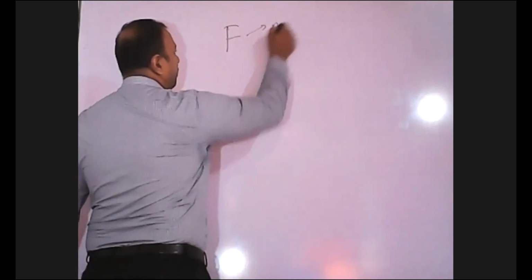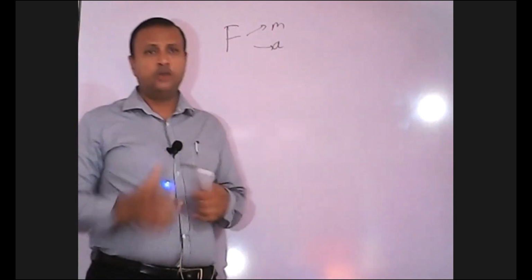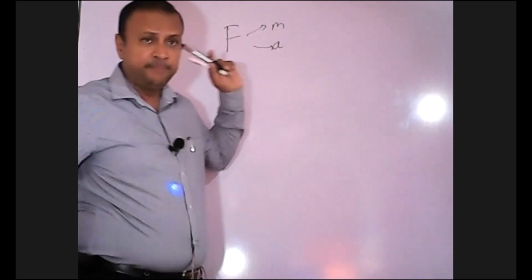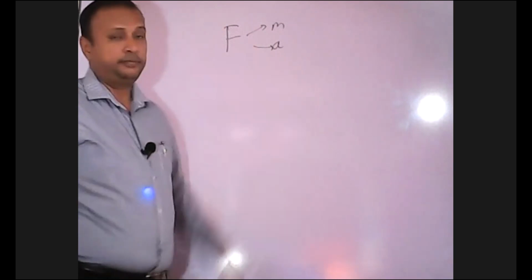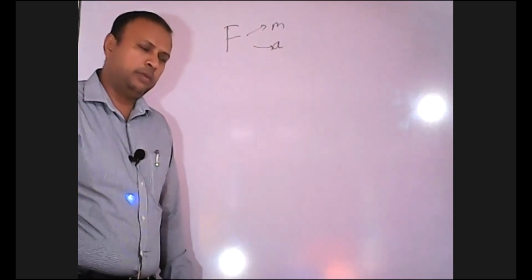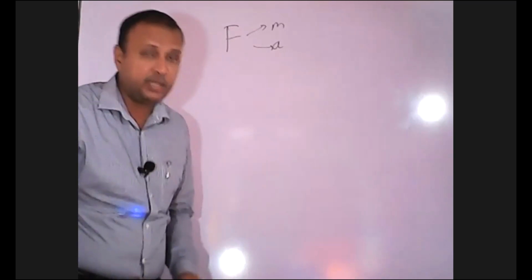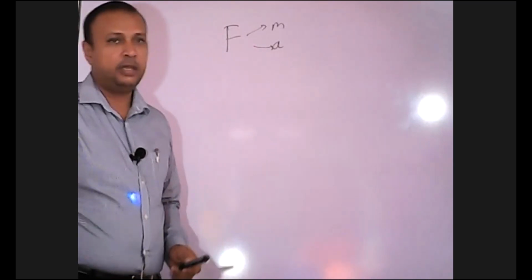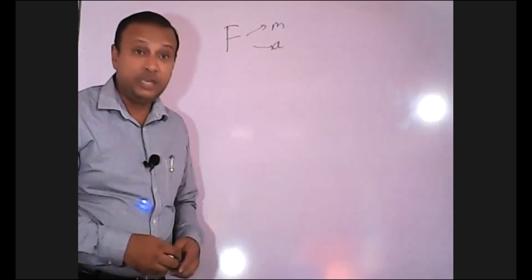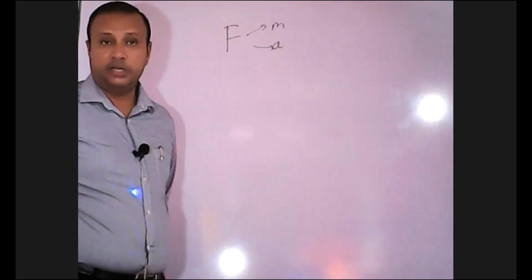As an example, the unbalanced force acting on an object depends on the mass and the acceleration of that object. The proportional constant is 1. Determine an equation or a relationship between these three physical quantities.